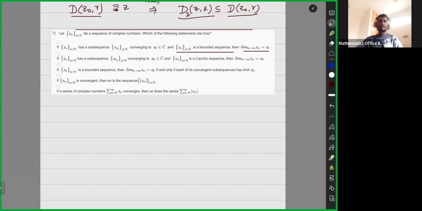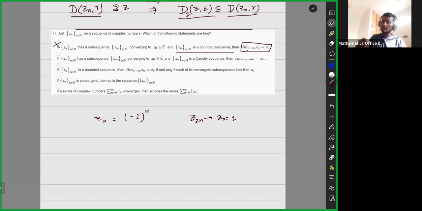Okay, I think that because you are lazy, let me say that this is not true by taking Zn equal to minus 1 to the power n and taking the subsequence Z2n. This is convergent to Z naught equal to 1, but limit Zn does not exist.